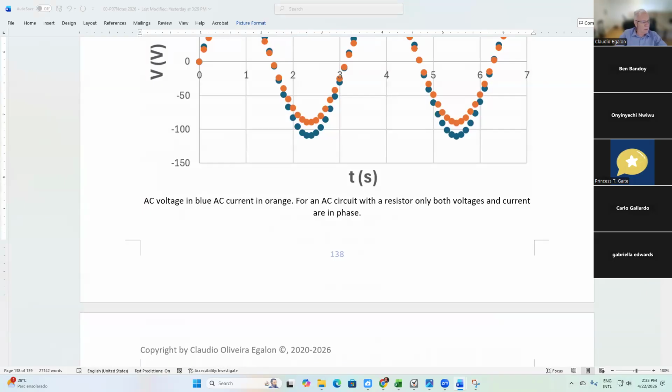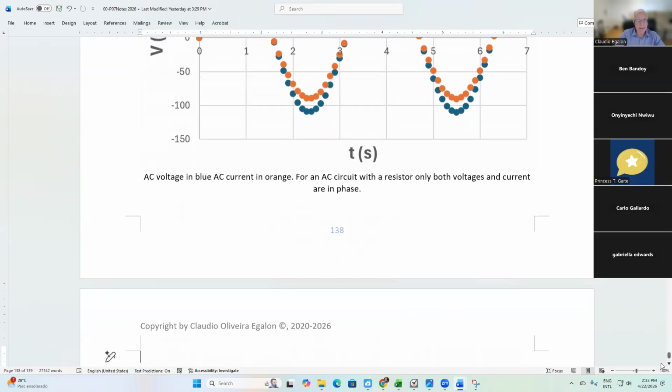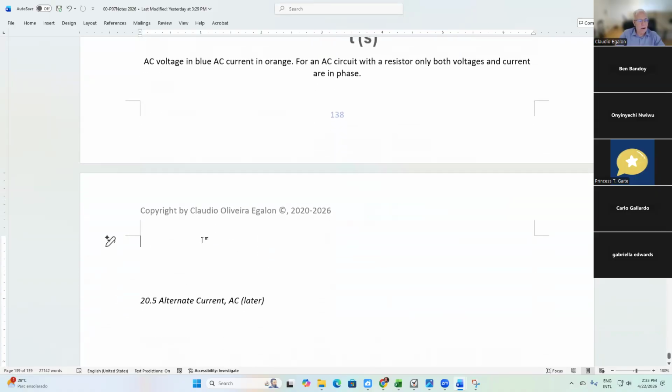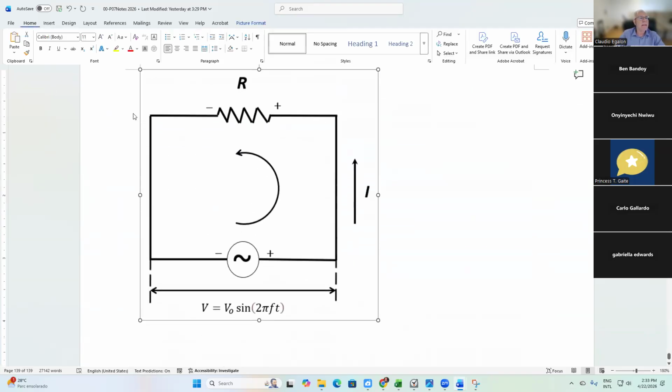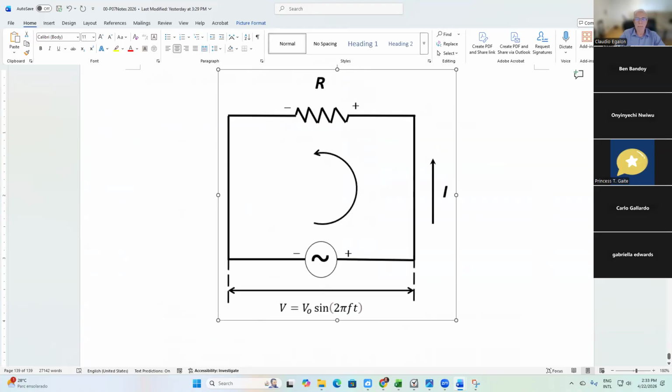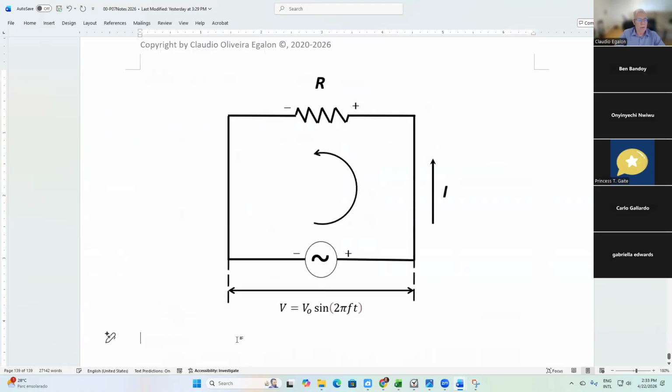Now we draw a circuit schematic. The circuit schematic is drawn like that. If you're going to work with electric circuits, you're going to see this thing all the time. And most likely you will have to work with those things.